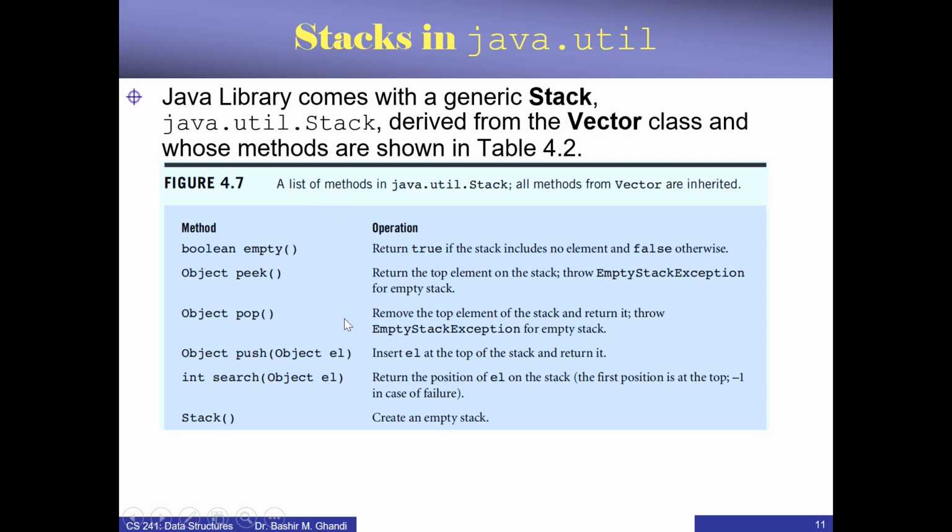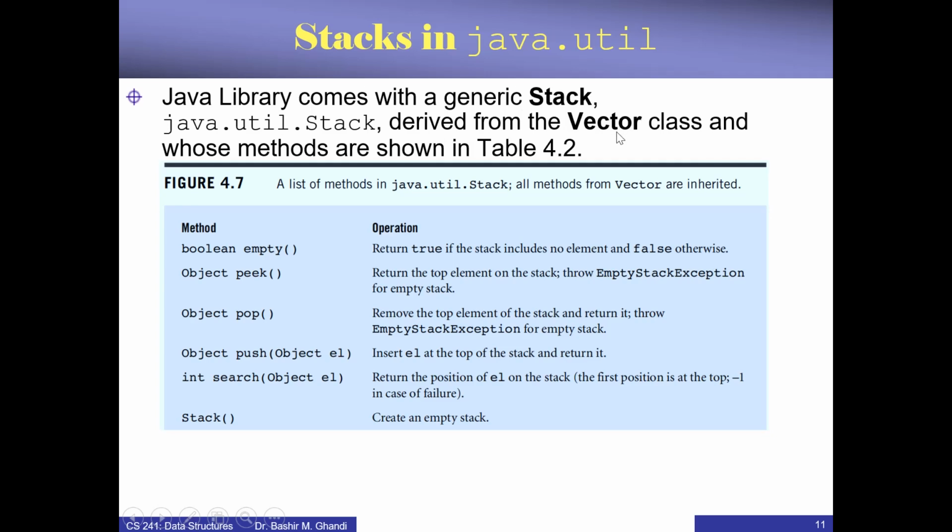So this looks like a normal stack, but actually it is not a stack. Unfortunately, the way they implemented it makes it not a stack. Why? Because this Stack class is derived from the Vector class. When we say derived, it means it extends the Vector class, so they said Stack extends Vector.